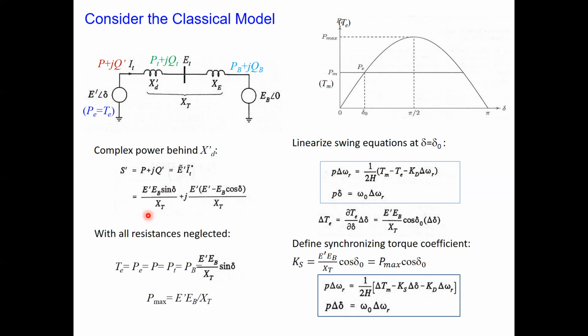And in fact, the power flow from the generator terminal to the infinite bus circuit here will be basically the product of the voltage here and the voltage here, and then the sine of the angle.